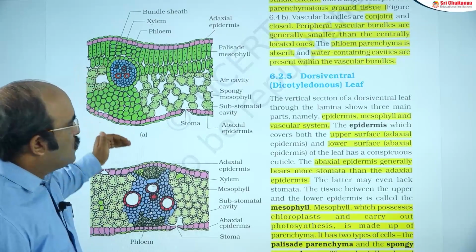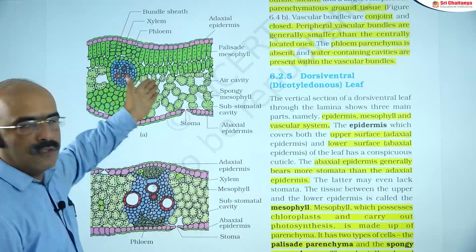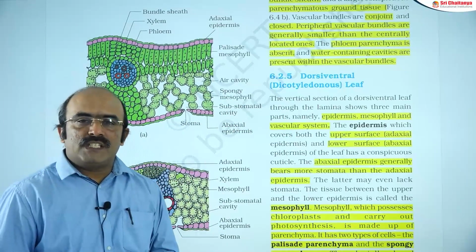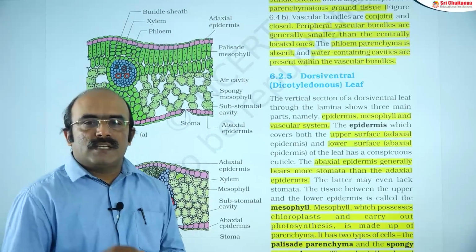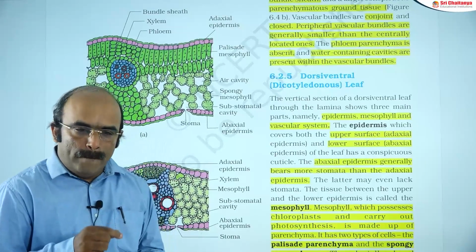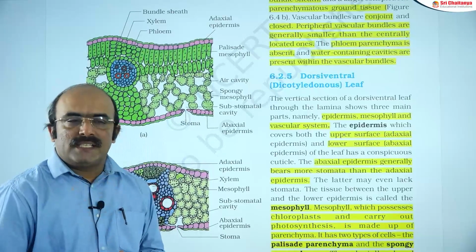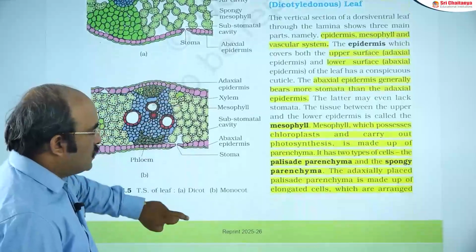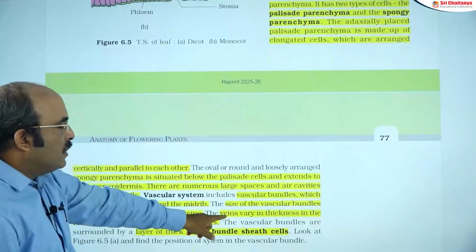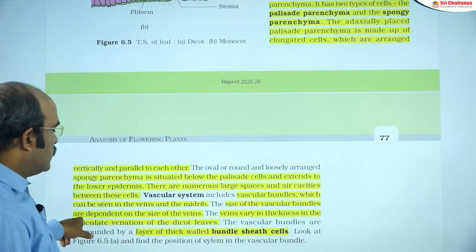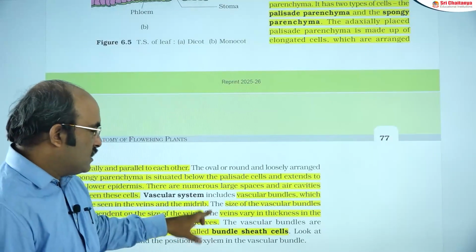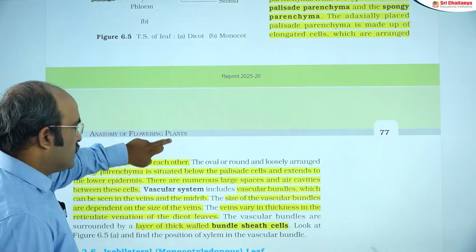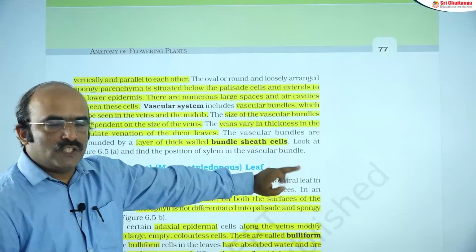Because dicot leaves show reticulate venation, the size of the vascular bundles gradually decreases from the base of the midrib to the apex, and even in the lateral veins the same thing is observed. So that is what is shown here. You could see the size of the vascular bundles depends on the size of the veins and varies with the thickness of the veins, and each vascular bundle is surrounded by a bundle sheath.